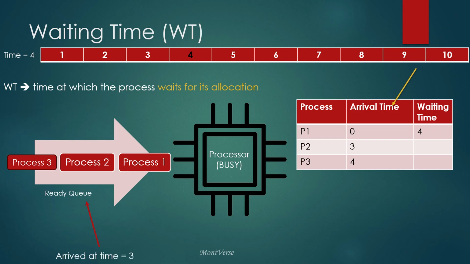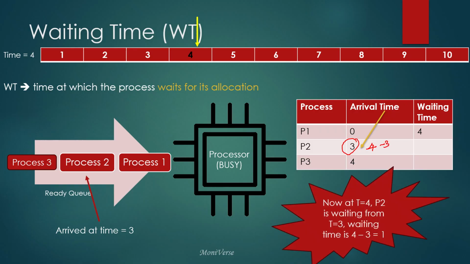Now let us consider process 2. The arrival time of process 2 is 3. Now the time is 4. How do we calculate the waiting time? 4 minus 3 is 1. So it has been waiting for 1 unit of time in the ready queue.